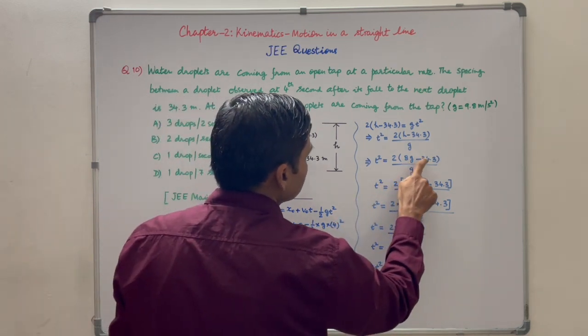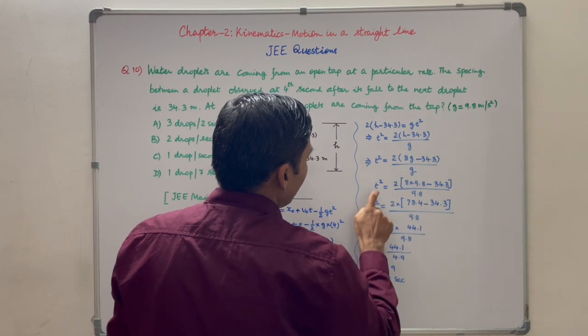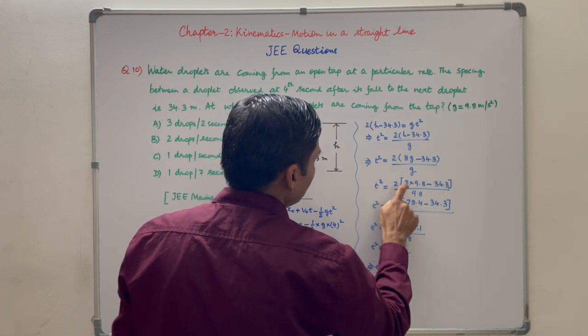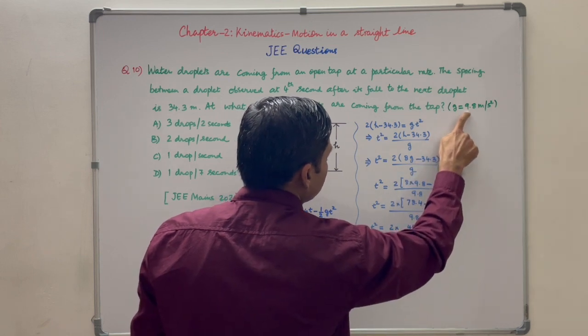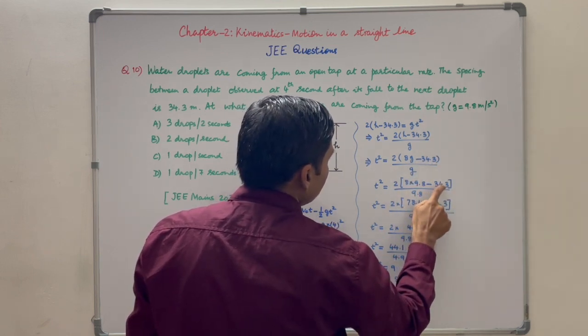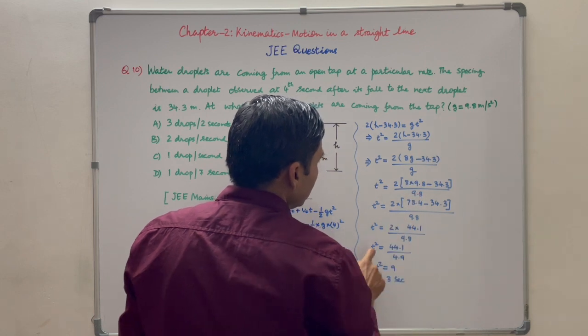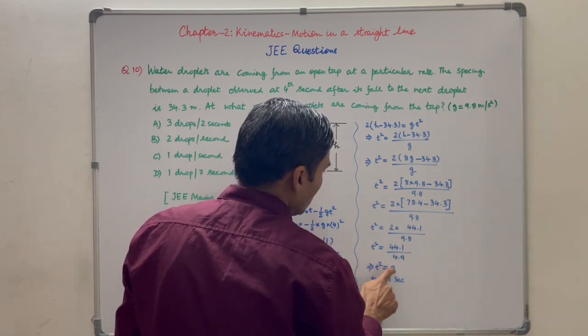So t² = 2(8g minus 34.3)/g, or t² = 2 into (8 into 9.8 minus 34.3)/9.8, putting g as 9.8. So t² comes out to be equal to 9.